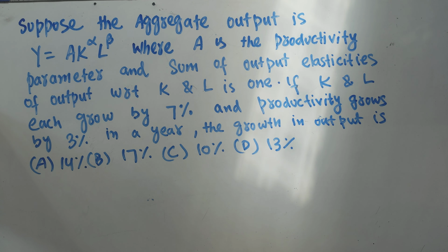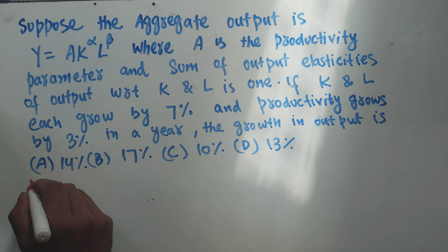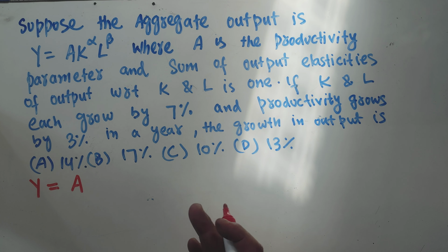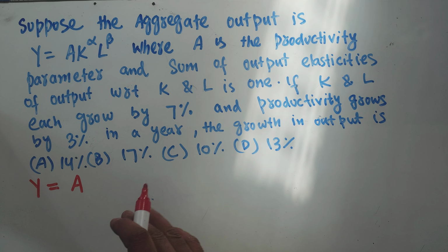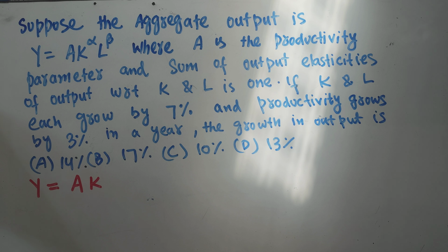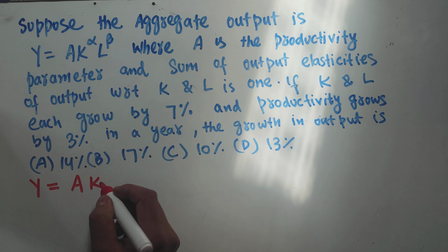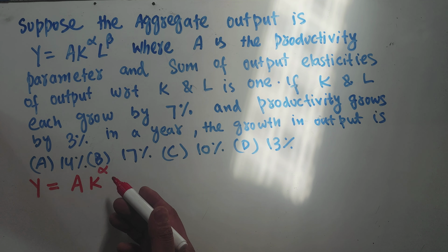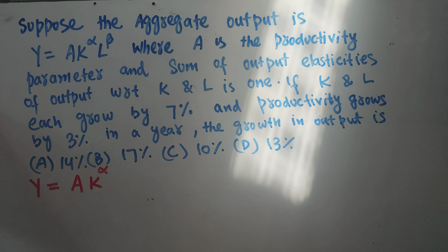We have a production function, that is our production is a function of A, which denotes the total factor productivity. It shows us the change in the output which is not explained by the inputs here. It is a productivity parameter, times K, which denotes the units of capital employed, raised to the power alpha, which denotes the output elasticity of capital, how our output increases when there is a 1 unit change in the units of capital employed.